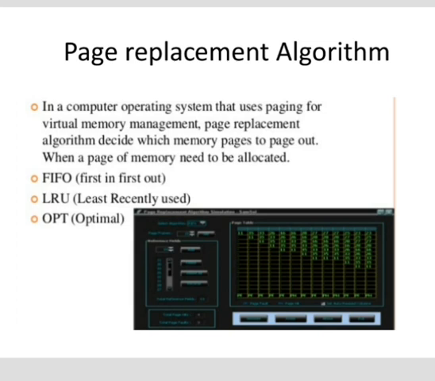So when a page fault occurs, that is, the required page is not in the memory during the execution, the operating system has to choose a page to remove from the memory to make room for the incoming page.